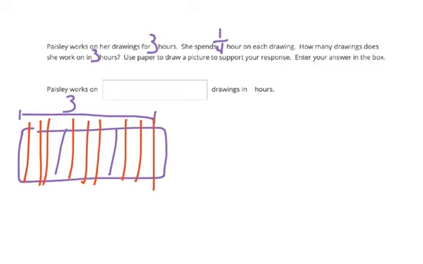If you put 1/12, I'm going to be really mad, because she doesn't draw just 1/12 of a drawing. She draws, actually, 1, 2, 3, 4, 5, 6, 7, 8, 9, 10, 11, 12 drawings.